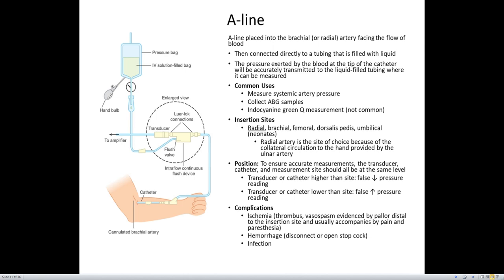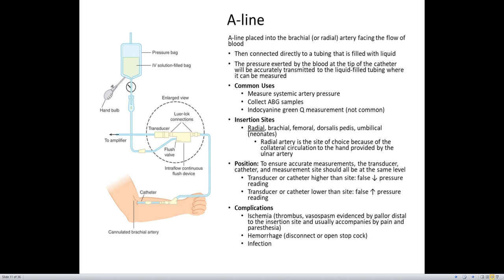It can be placed in the radial, brachial, femoral, dorsalis pedis, and umbilical arteries in the neonate. But the radial artery is preferred given that there's collateral circulation. And when you learn blood gas sticks, you'll learn that radial artery is also preferred for that. And you'll do Allen's test to determine whether or not there is indeed collateral circulation.